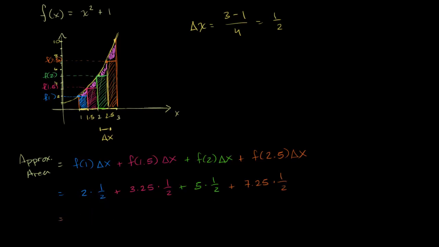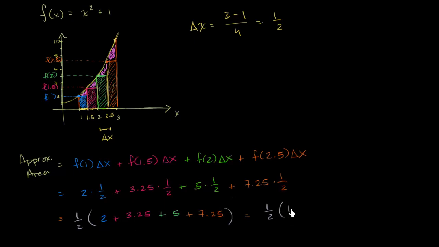So this is going to be equal to 1/2 times 2 plus 3.25 plus 5 plus 7.25, which is equal to 1/2 times, let's see if I can do this in my head. 2 plus 5 is easy, that's 7. 3 plus 7 is 10, and then we have 0.25 plus 0.25, so it's going to be 10.5, plus 7 is 17.5.